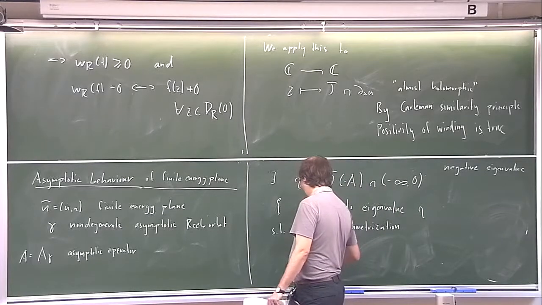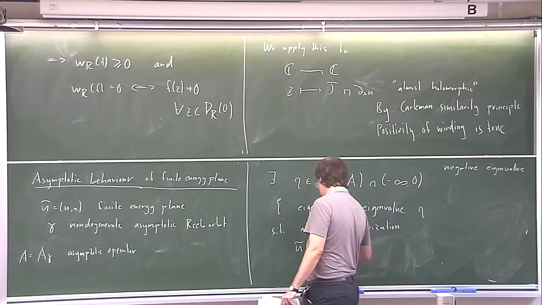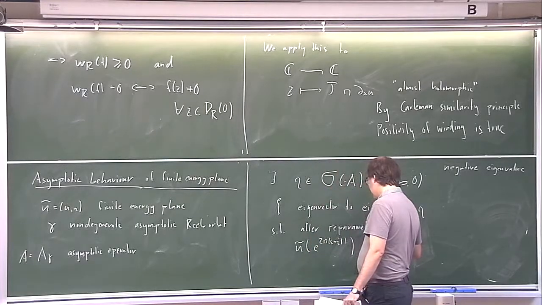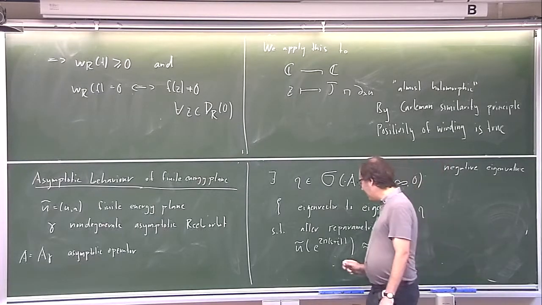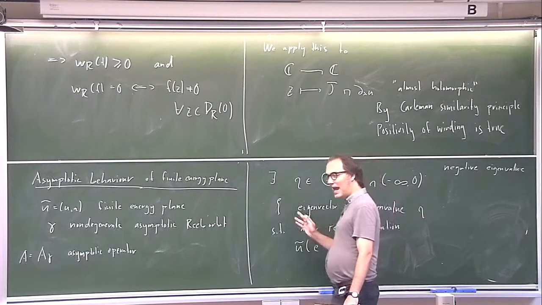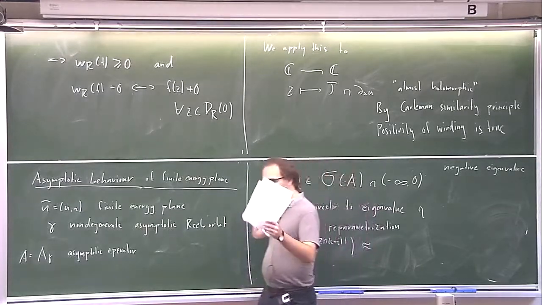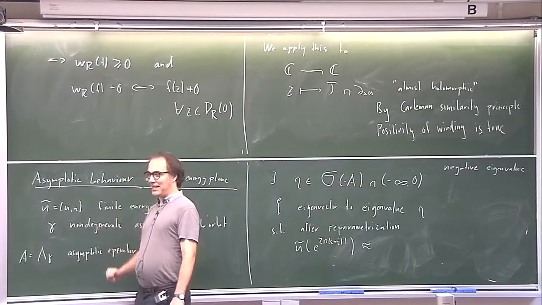ũ of e^{2π(s+it)}, and here I write it a bit like this because this is true up to an error which also exponentially decays, but the error decays even more exponentially.